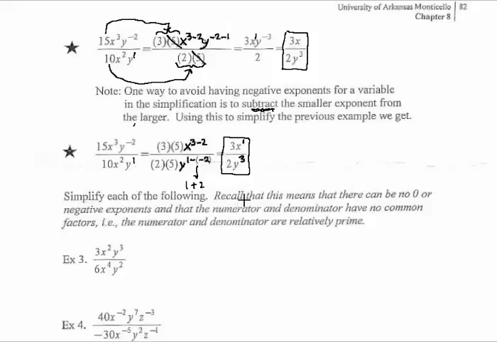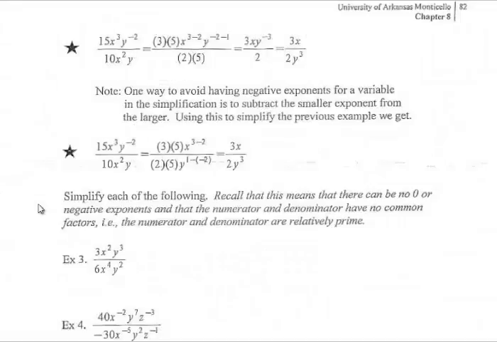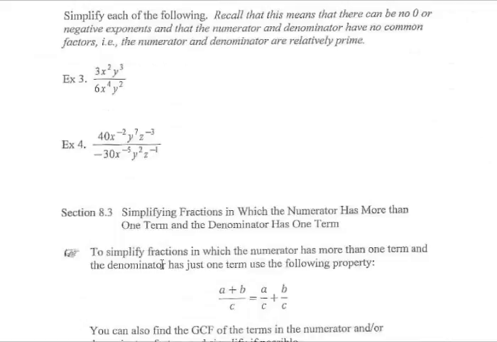So the moral of the story is: move the variable with the smallest exponent. Okay, and I'm going to stick with that rule myself. Nobody wants to do a lot of steps that are unnecessary.